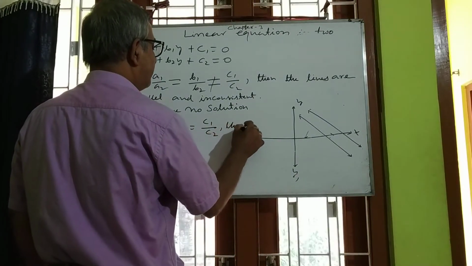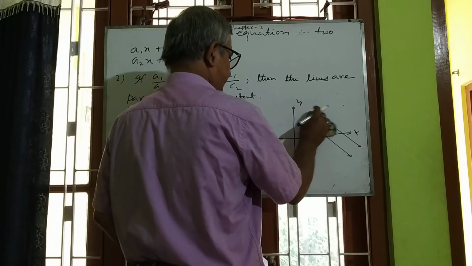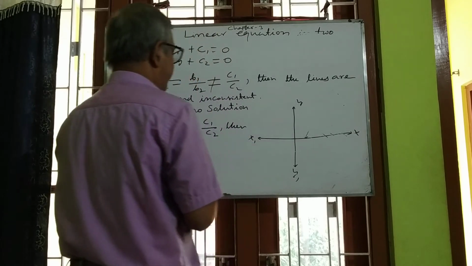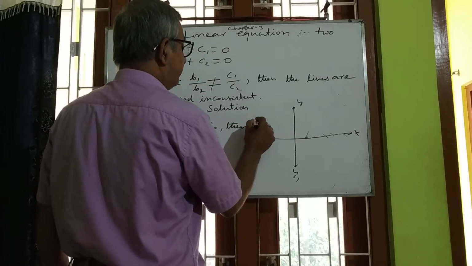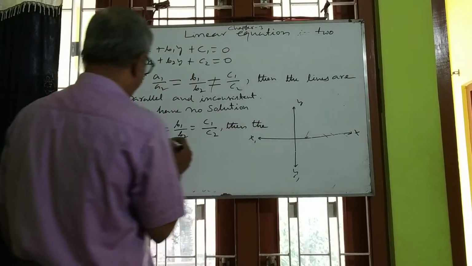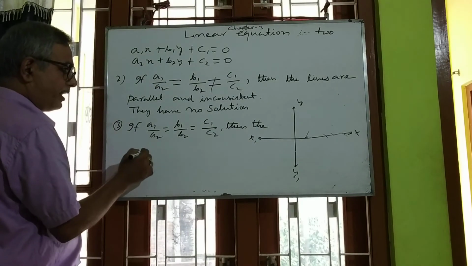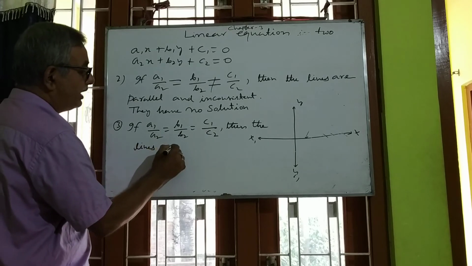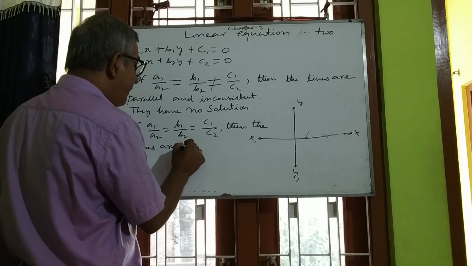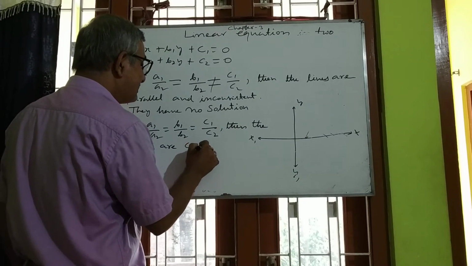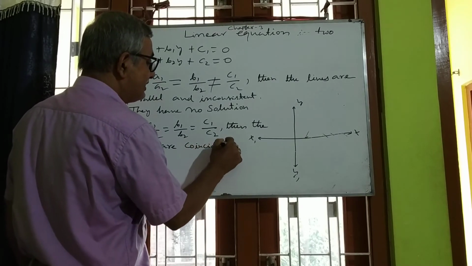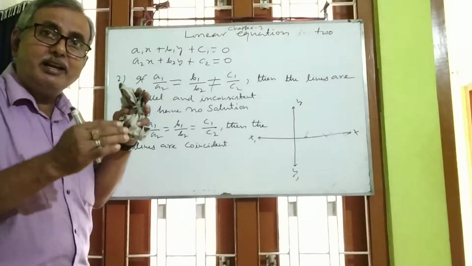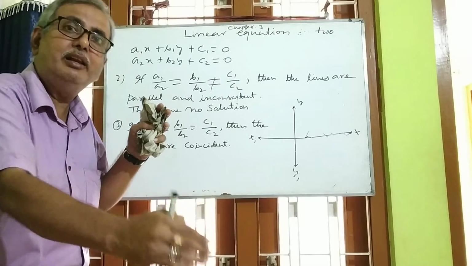Then the lines are coincident. Coincident means what? On one line, another line will lie.